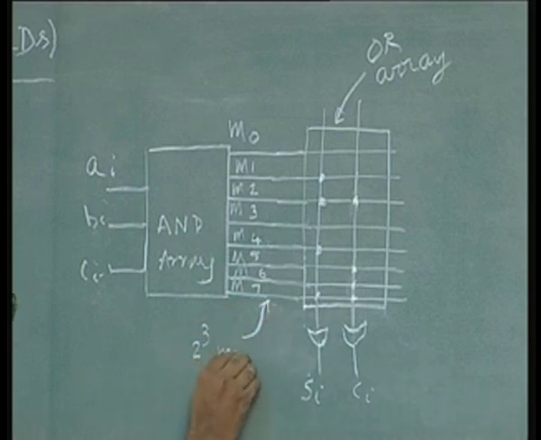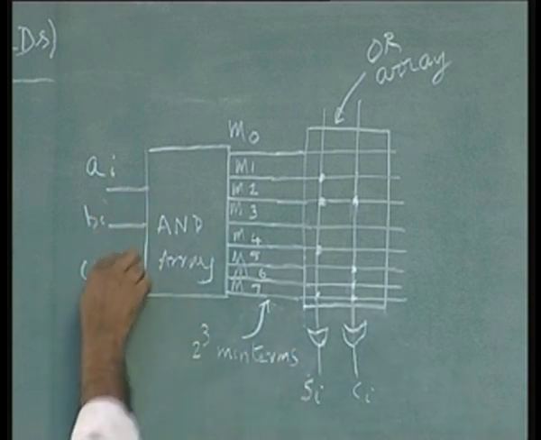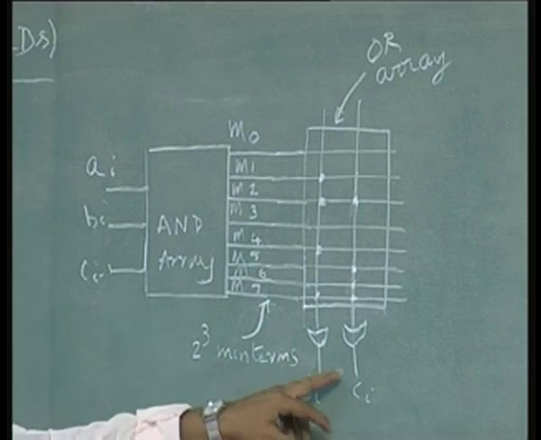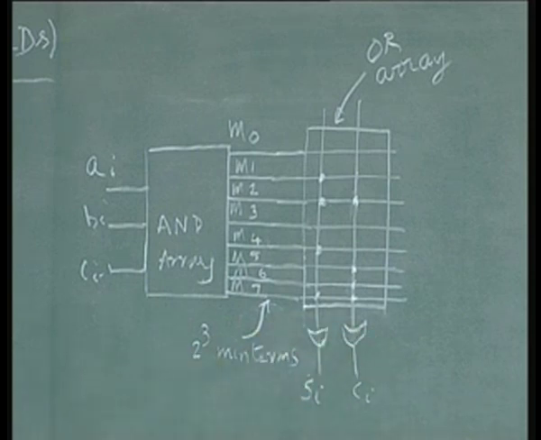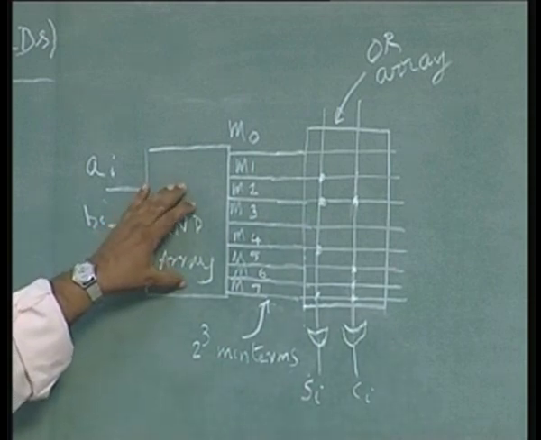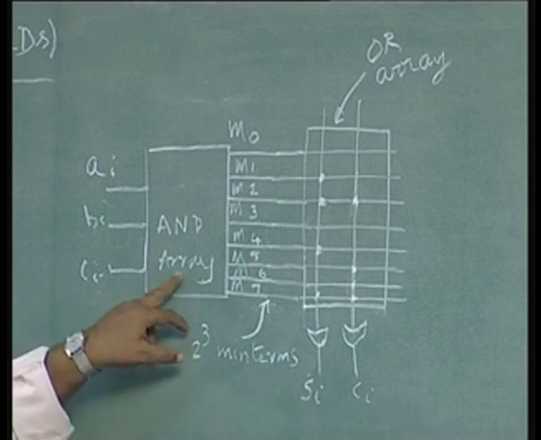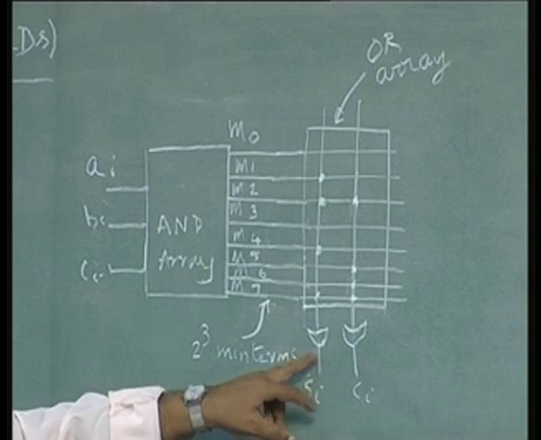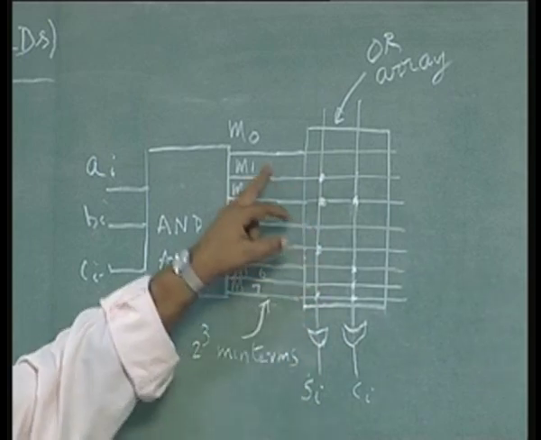In general, if there are n inputs, we will have 2 power n minterms. The number of OR gates will depend on the number of output functions to be implemented. We are not showing the inside of this, as I said, there is an array of 2 power n AND gates in order to generate each of these minterms, and an array of OR gates, in this case only 2 gates whose inputs are connected to the various minterms.